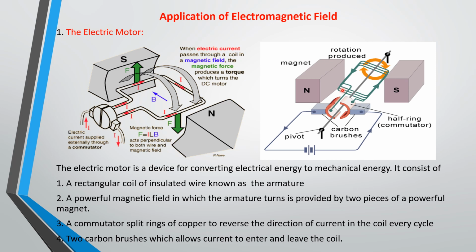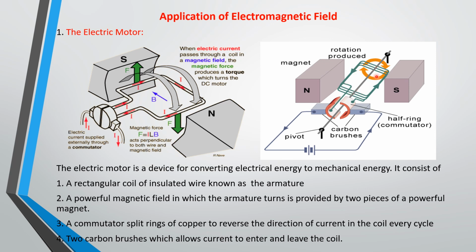Now, what are the components of an electric motor? One, it has a rectangular coil. Not all electric motors have a rectangular coil. Some could be a circular coil, as the case may be. But for this particular discussion, an electric motor has a rectangular coil. The coil is called an armature.